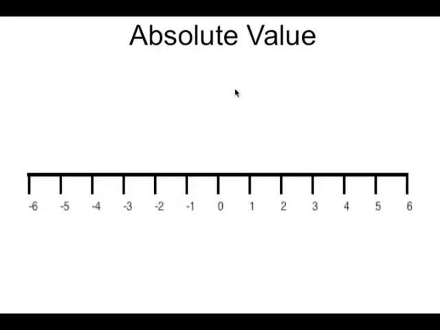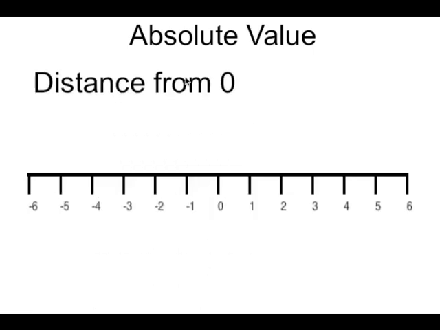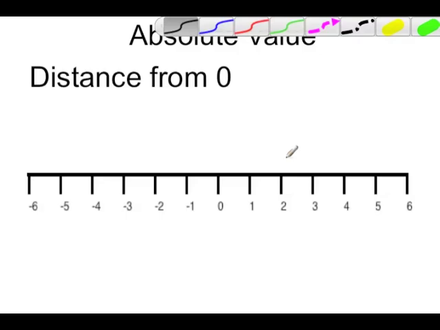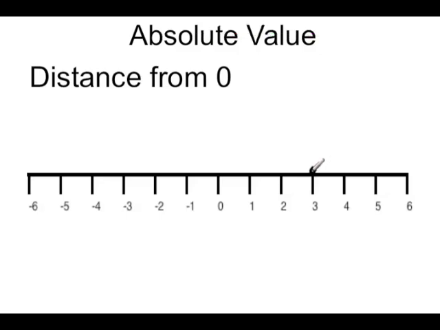Absolute value is an idea in math that can be very simple, but sometimes can be very complicated. The simple way to think about absolute value is simply the distance away from zero that a number or expression is. For example, the number 3 has an absolute value of 3.